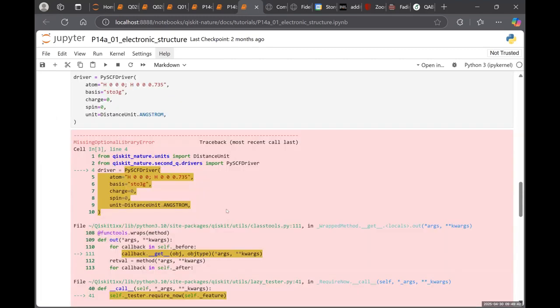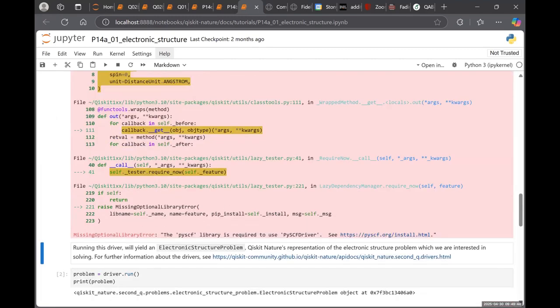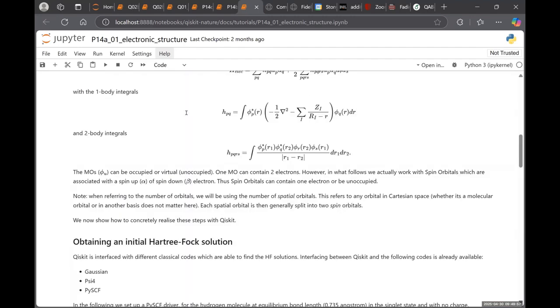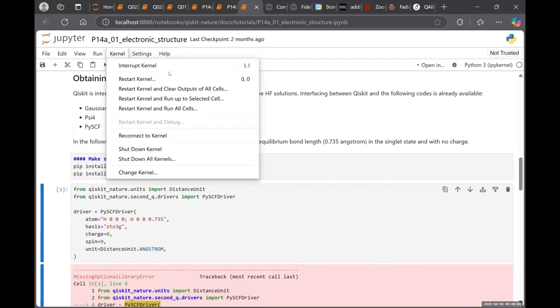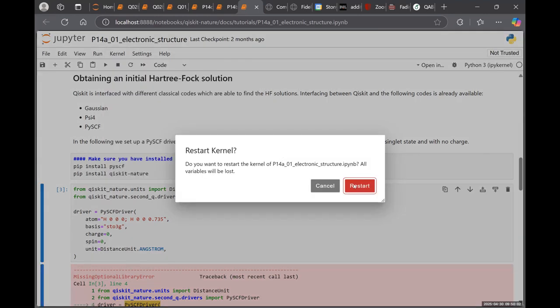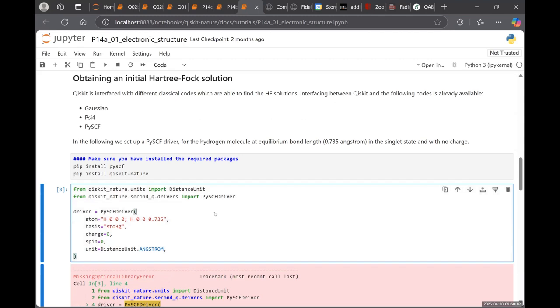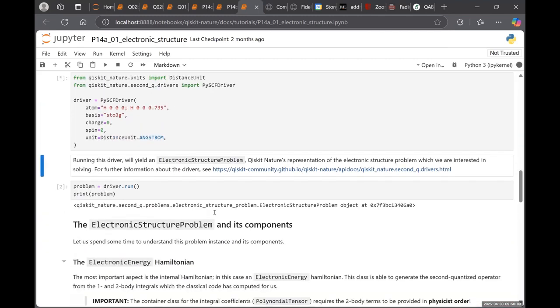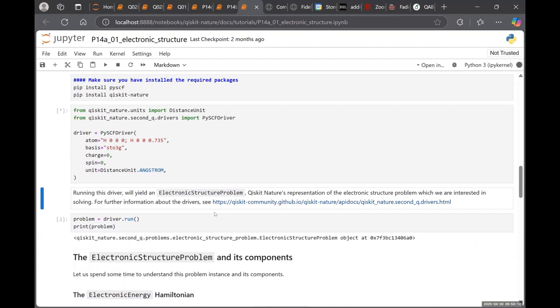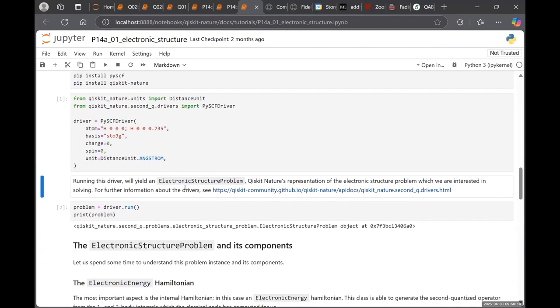Hopefully I have that now. Let me see, still installing. So maybe let me start my kernel again. Okay, if I cannot install in real time, I'll just go over the notebook without running it. Okay, now it's done.